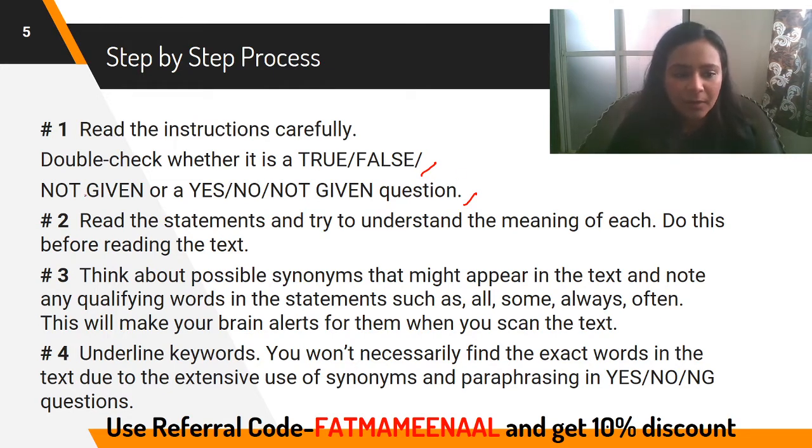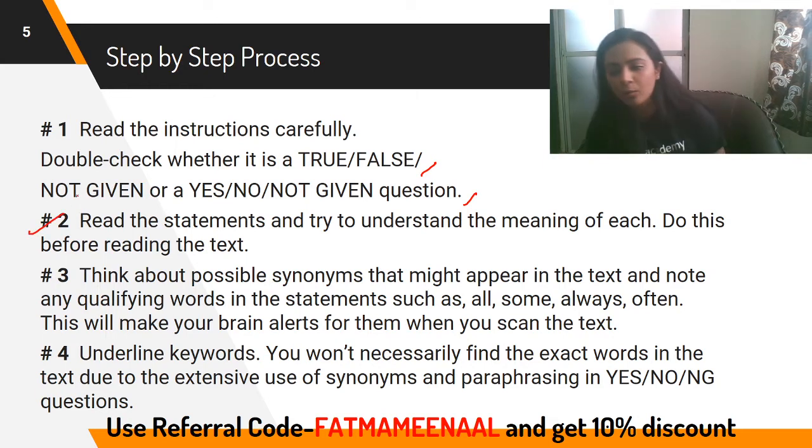After that, guys, first tell me what is your approach? Who reads the question first and who reads the passage first? How do you guys approach? Let me see. What is your way of approaching? Do you guys read the passage or do you guys read the questions first? What do you guys do? Or you guys have not started practicing yet?